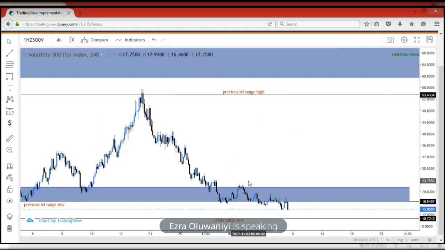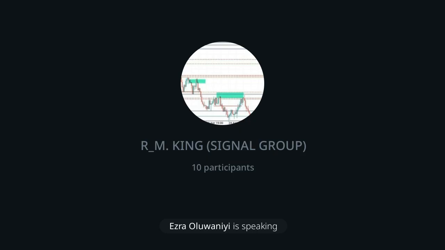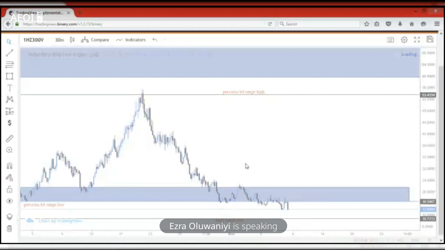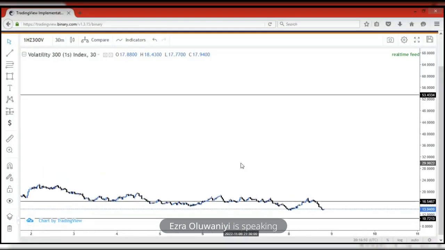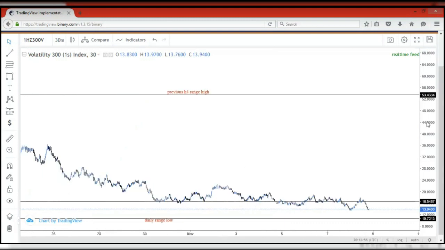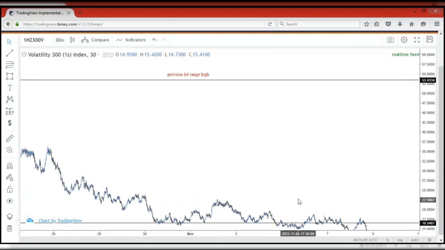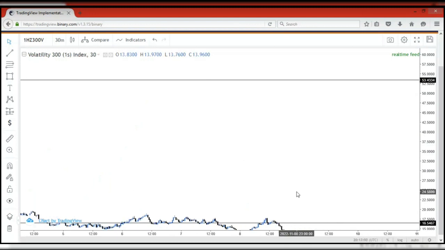I trade structural point. So I would have taken advantage of this based on M30. As soon as price comes back to that place, I would have gone to M30.